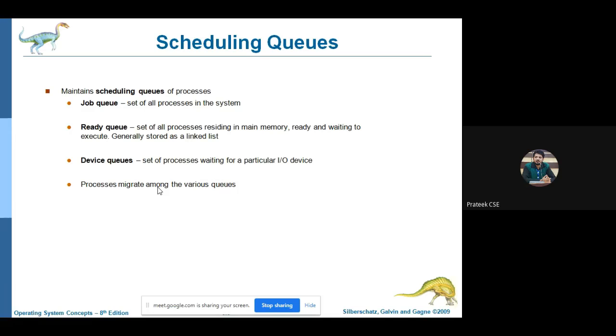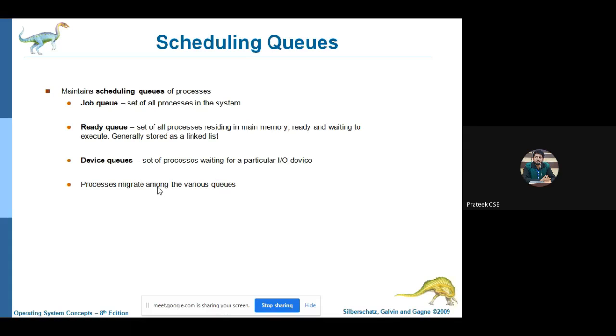If I talk about the concept of CPU scheduling in detail, we have different kinds of scheduling queues. You must have studied the queue data structure in your data structures subject.